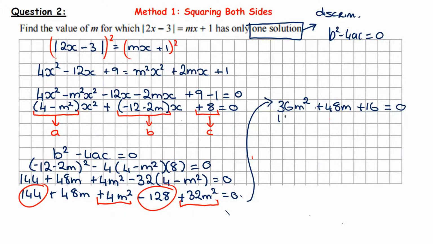So we get 9m squared plus 12m plus 4 equals 0. So we can work with this using guide number or other factorization methods, or if you want you can use minus b. It's absolutely fine.